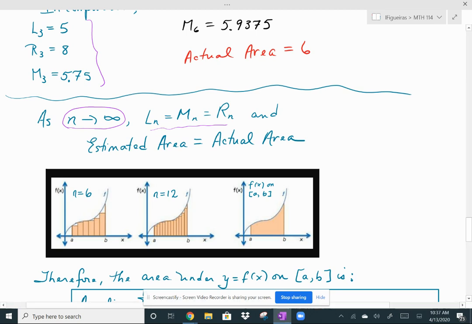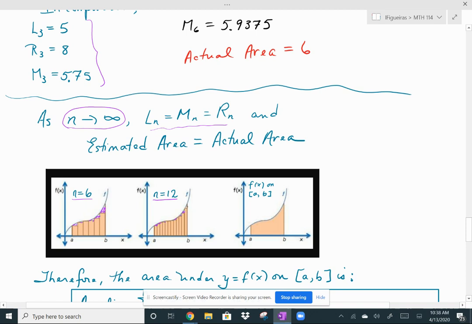So to illustrate that, in this first example, I have 6 rectangles. So I am missing all of this white space here in my computation. But when I double that to 12, you can see that I'm missing much less space.